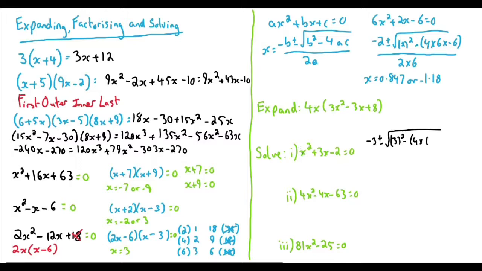If there's no coefficient here, just think of it as 1, times minus 2. And then that's going to be over 2 times 1. So from this, you get x equals, again, let's say 3 significant figures, 0.562 or minus 3.56. Just proof that, yes, in this case, we would have had to use the quadratic formula here.